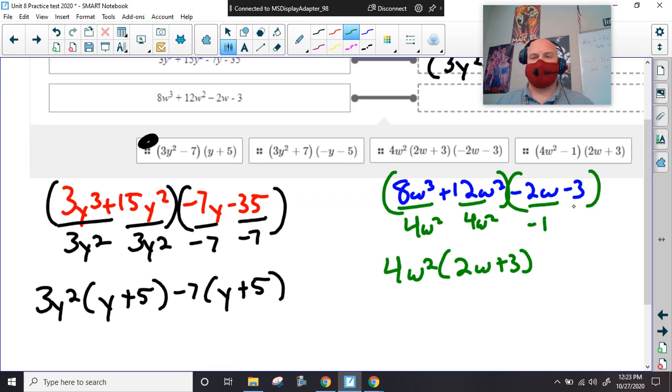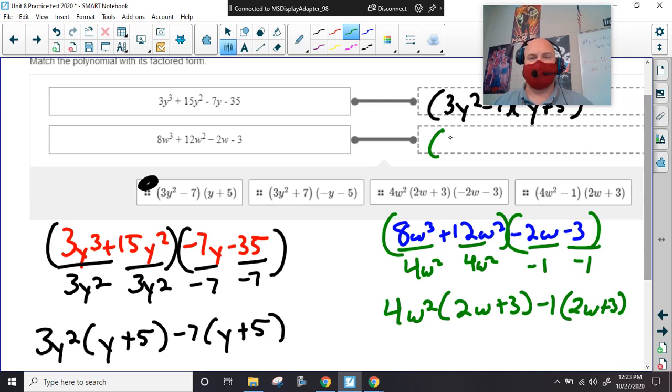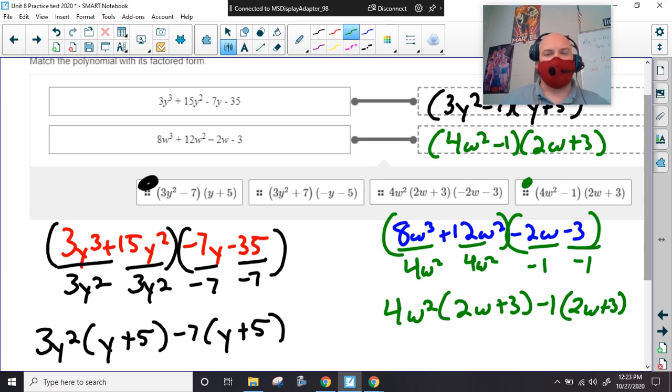All right, and we had to take out a negative 1. Okay, even if sometimes the only thing you can take out is a 1, that's what you'll do, okay? So you should have had 4w squared minus 1, 2w plus 3.